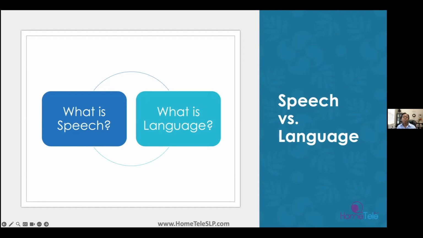Reading and writing also fall under the umbrella of language, because those language skills are used when reading, and same with writing. Expressive language is also done through writing. In addition to that, nonverbal language occurs. So think of body gestures, body language that we use, facial expressions, even sign language. There's also a nonverbal component to language.